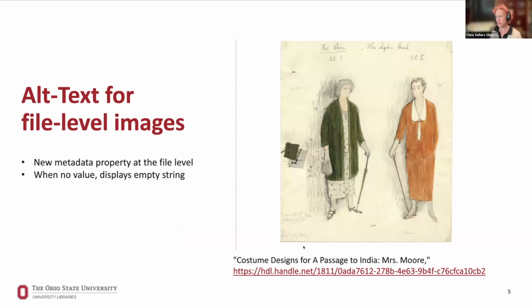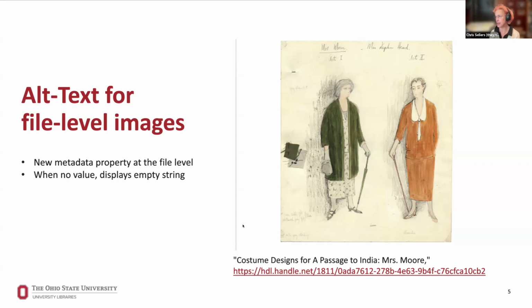Yeah, so we are trying to address those three things: alt text and captions and transcripts for file level images, not at the work, but at the file level. We're adding a new metadata property that will still show that their alt text is an empty string when nothing is provided for images.